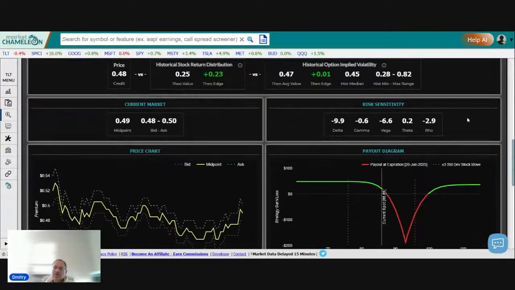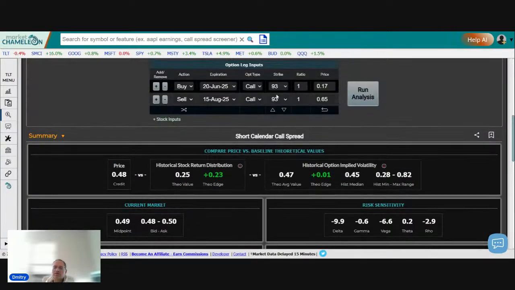And the more the stock moves away from this strike 93, the more both options go to parity. So either they're both going to 0, or they're both in the money at one delta, and there's no premium.